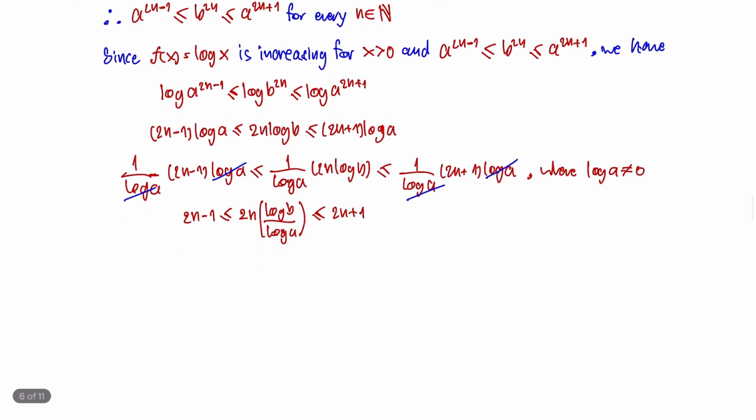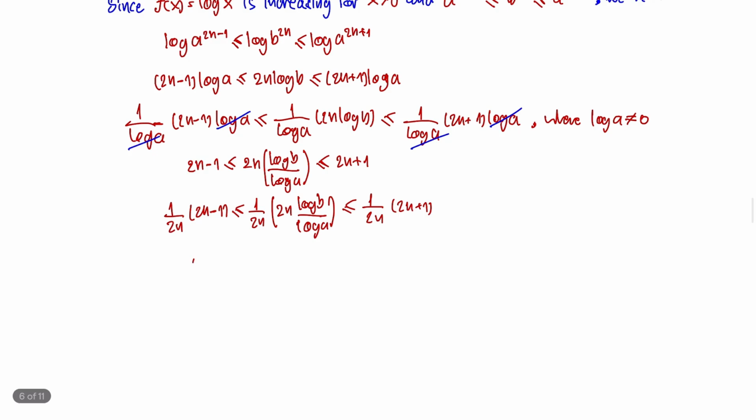And then divide by 2n. So we have 1 over 2n times 2n minus 1 less than or equal to 1 over 2n times 2n log b over log a less than or equal to 1 over 2n times 2n plus 1.